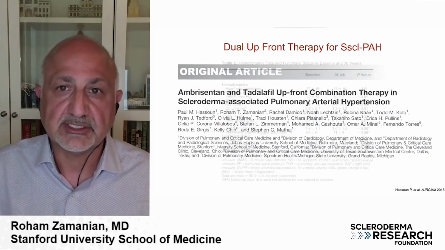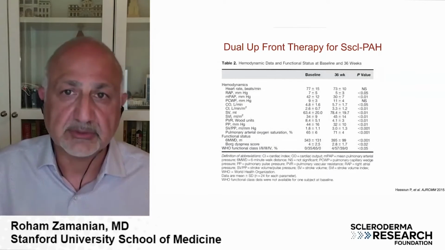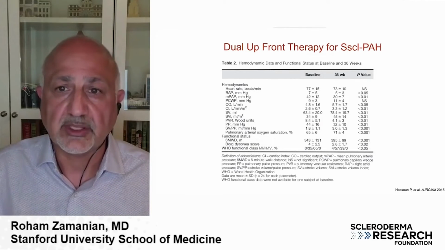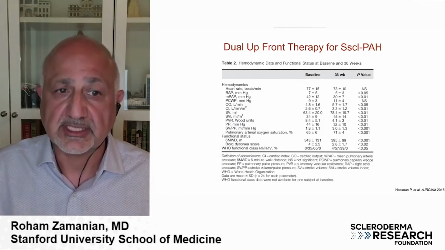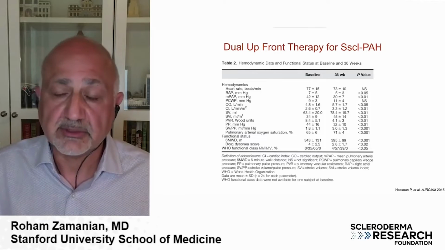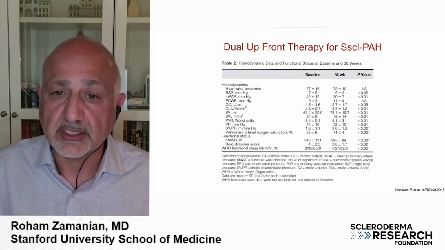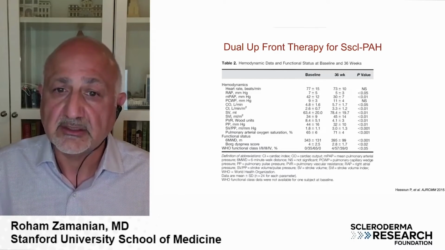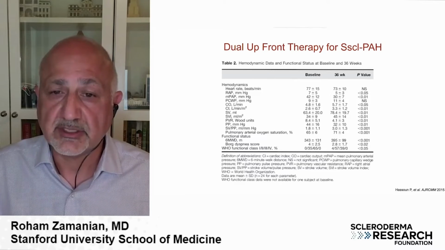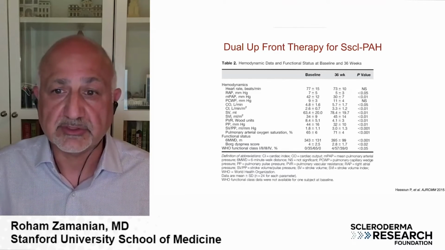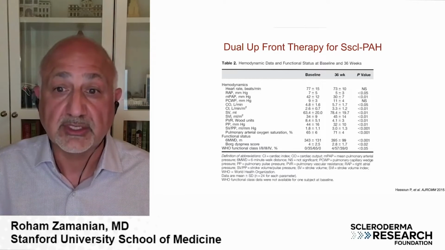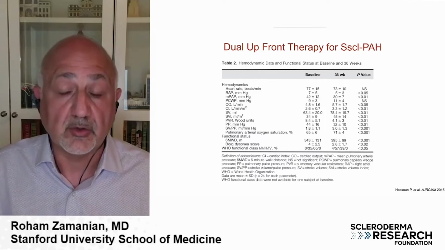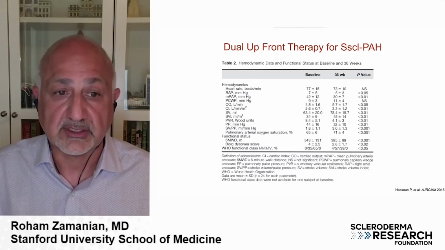And what was really interesting is here is a table that I'll show you from baseline to week 36, which was the endpoint. And if you look at the bottom where it says functional status, one of the primary things that we'd like to look at is the 6-minute walking distance. In this study, the baseline 6-minute walking distance of these patients was 343 meters that went up to 395 meters. So those patients were able to increase their walking distance by a whole 50 meters, which is really great to see.